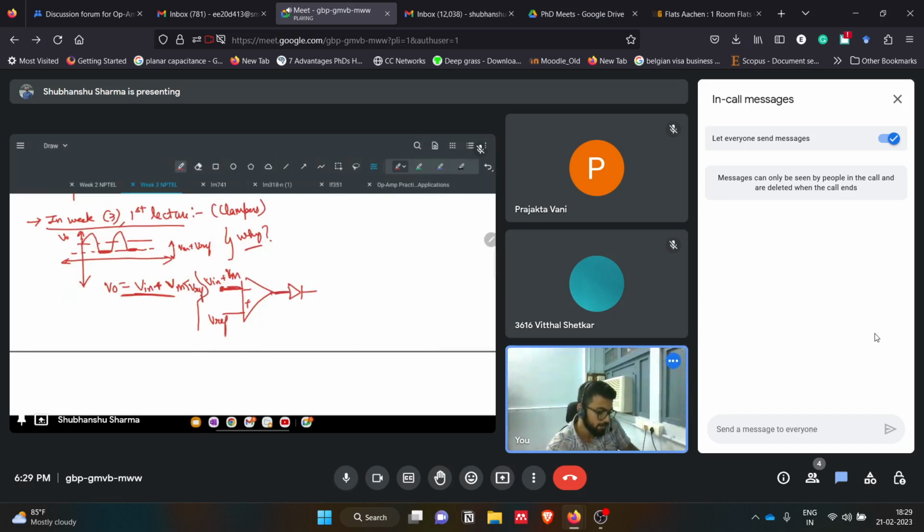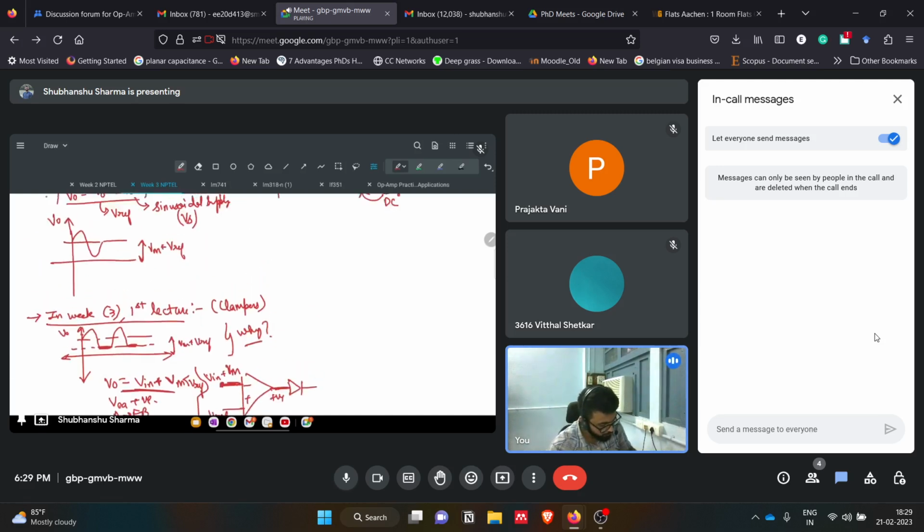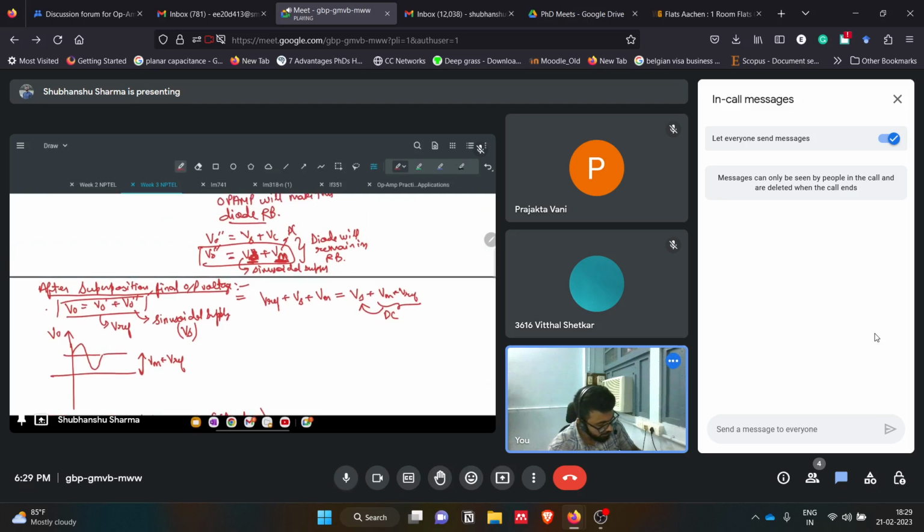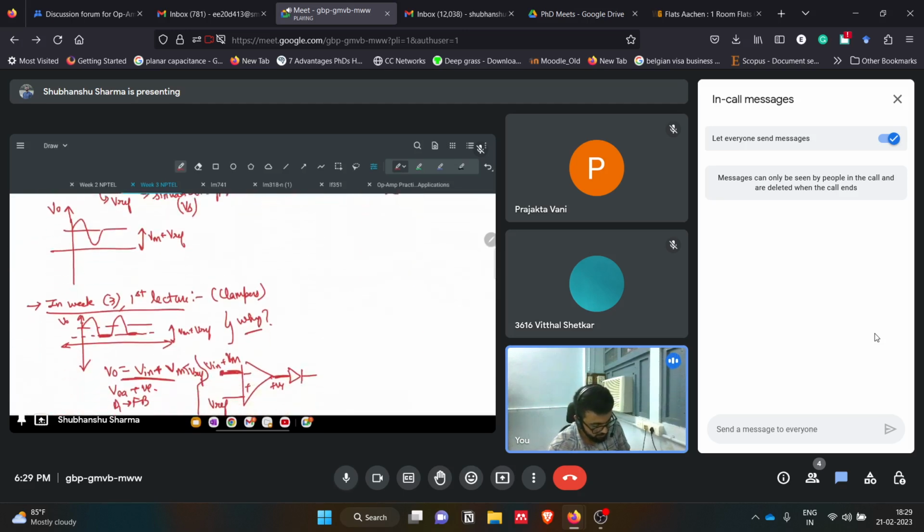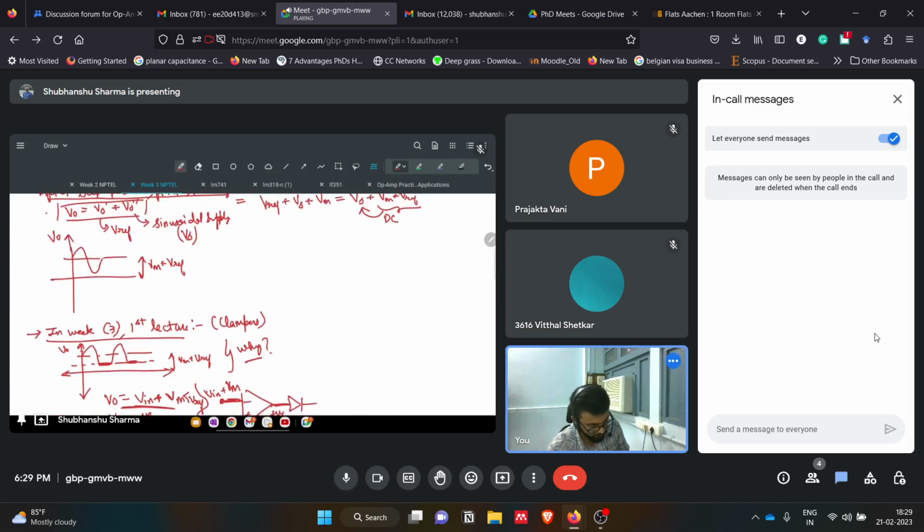This will become positive. VOA will be positive. Then D1 will be forward biased. But we said that the diode is in reverse bias throughout the operation. That's why we achieve this shifting action.